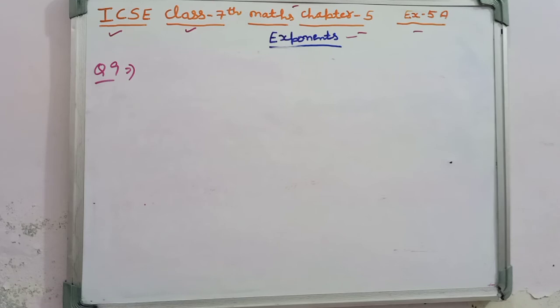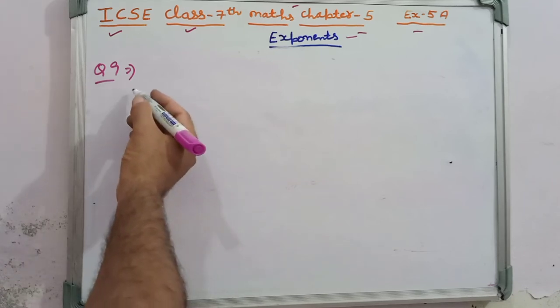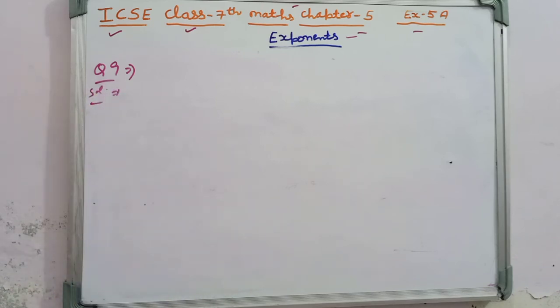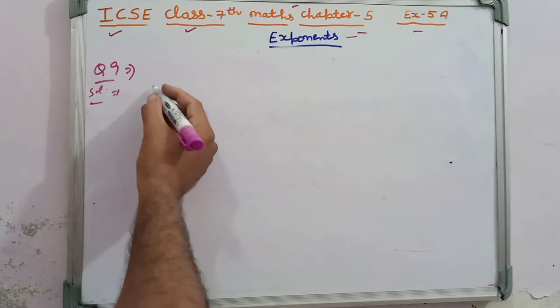Express this number in exponential notation in terms of the initial number of players. Right? So we have to do it carefully. For that, we will make a chart like this.